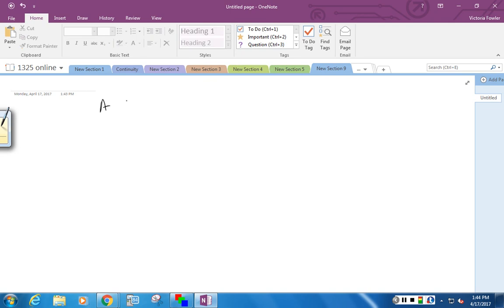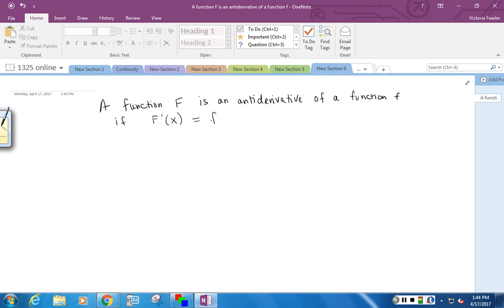We're going to say a function capital F is an antiderivative of a function, it's called little f, if I can take the derivative of capital F, so capital F prime of x, and get back our function little f.